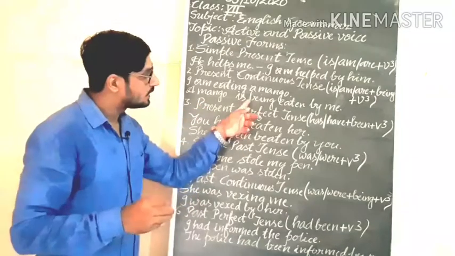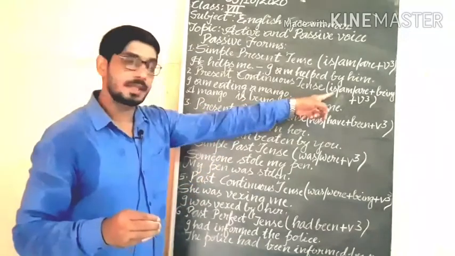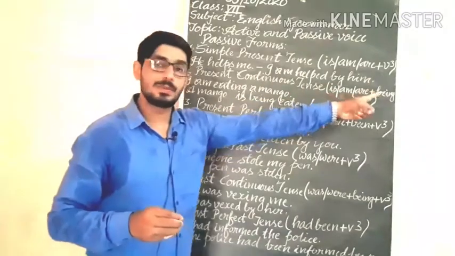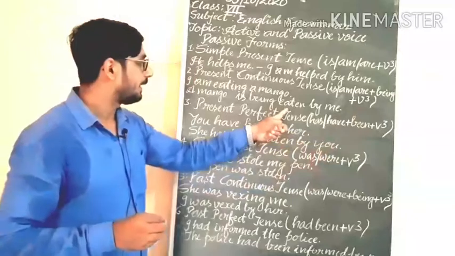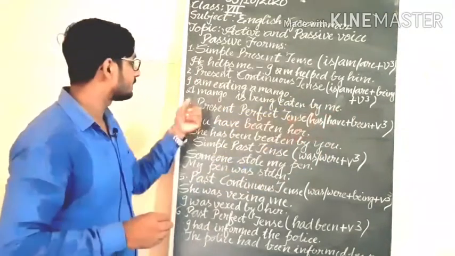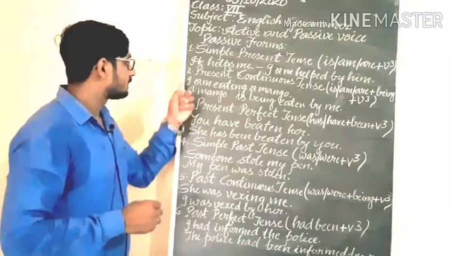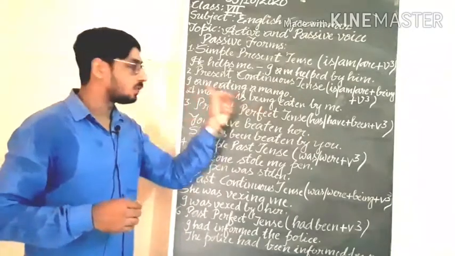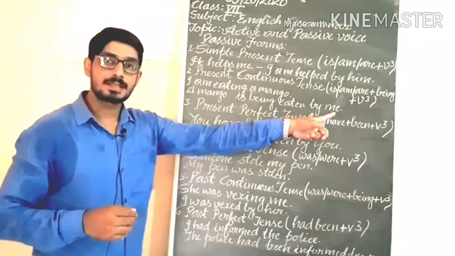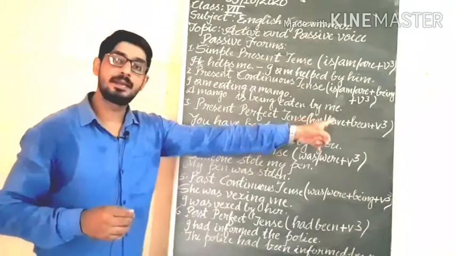Mango is singular, so we use is. A mango is being eaten by me, using being and the main verb third form, and adding the subject as an object by including by me.